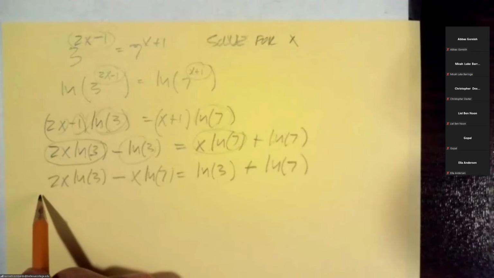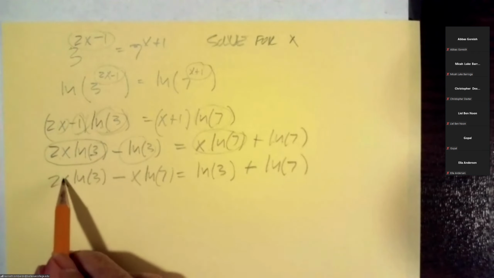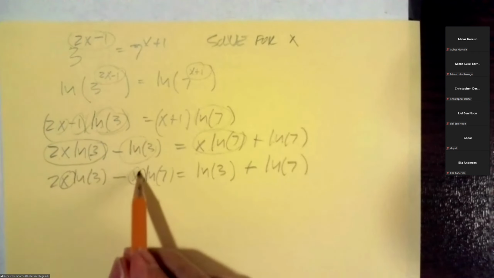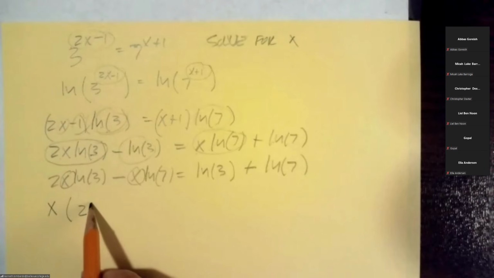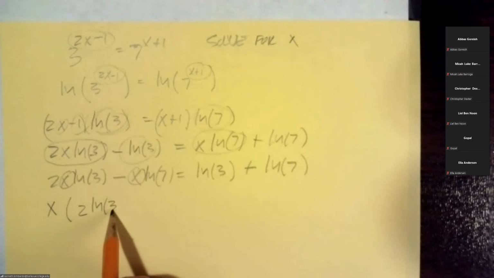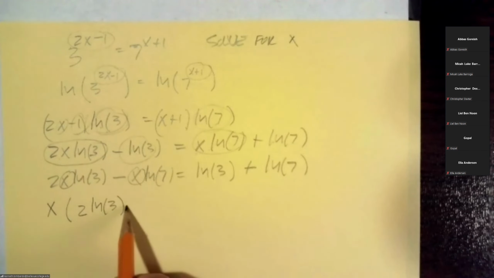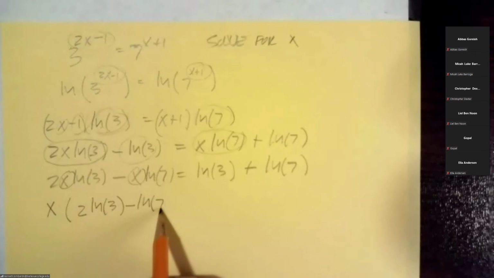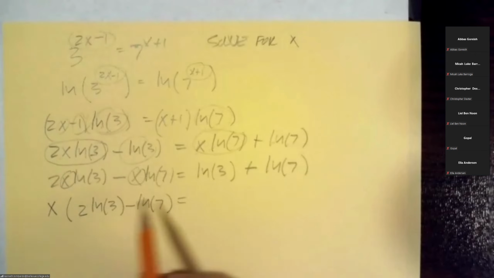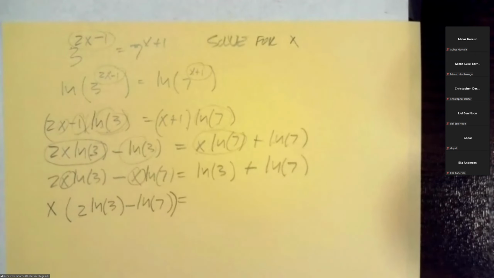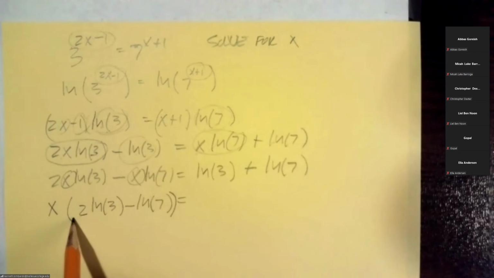And it looks like we could factor out the x, couldn't we? We've got an x here and here. So if we factor out that x, we'll have x times (2 ln 3 minus ln 7) equals ln 3 plus ln 7. I'll put another paren around there.